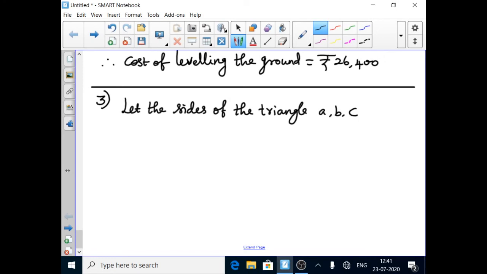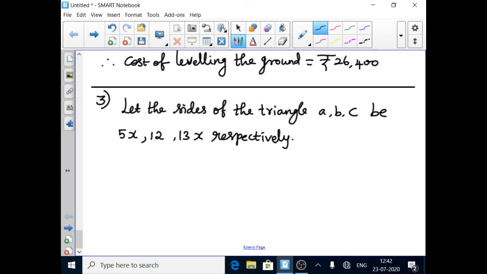The ratio is given, no? So you can take it as multiples of x, no? So what is that? 5x, 12x, 13x respectively.